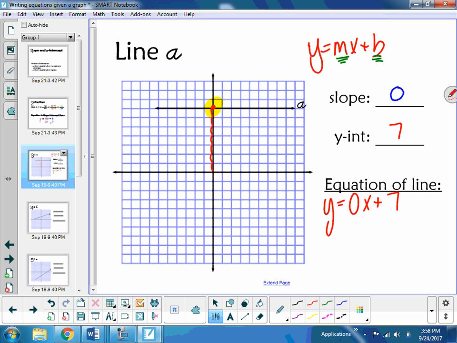There's no x involved. Here's why: because 0 times anything is always 0. So y equals 7 is the equation of this line. Down at the bottom there, you need to list your slope like I did, list your y-intercept like I did, and then write the equation of the line. Make sure you have all of line A filled in.